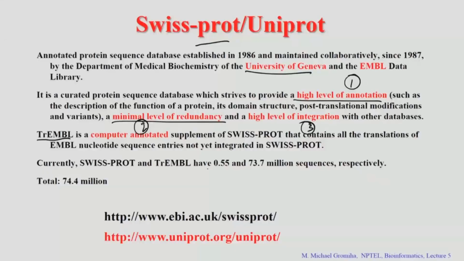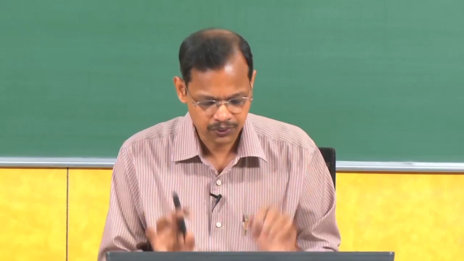In addition, they also provide the computer-annotated sequences from the DNA sequences. This is the reason, if you see, this is the manually curated data, 0.55 million, and this 73.7 million is the computer-annotated sequences, and totally we have about 75 million sequences, right. This is a good amount of protein sequence data.